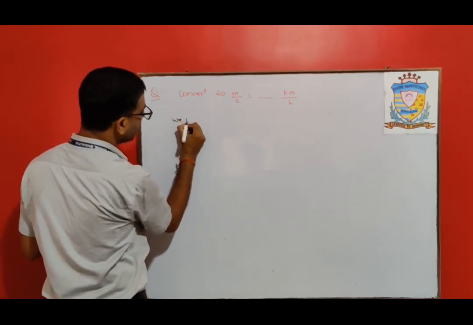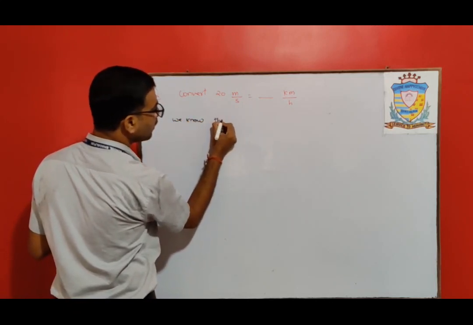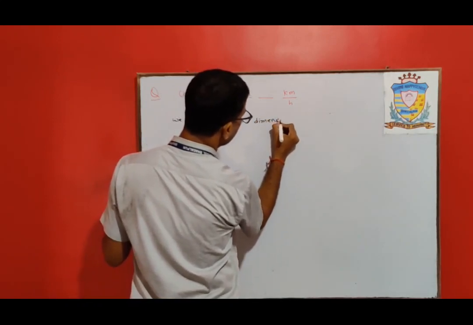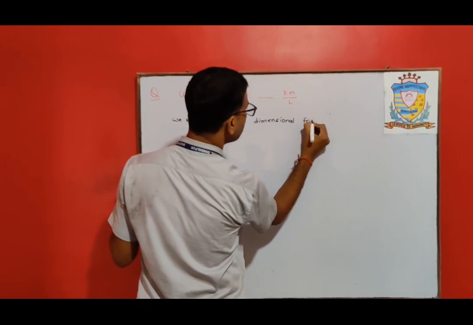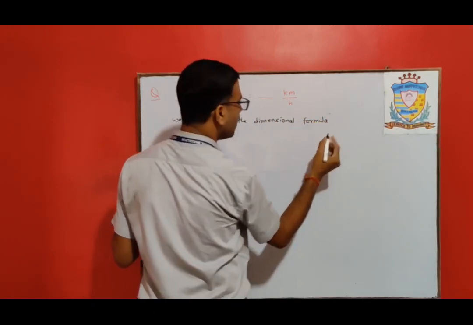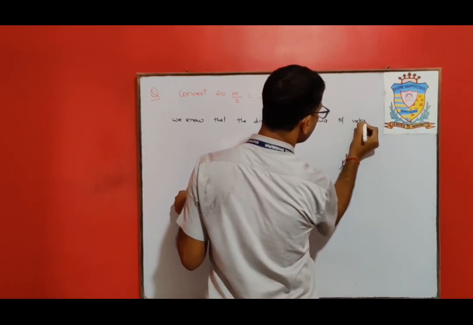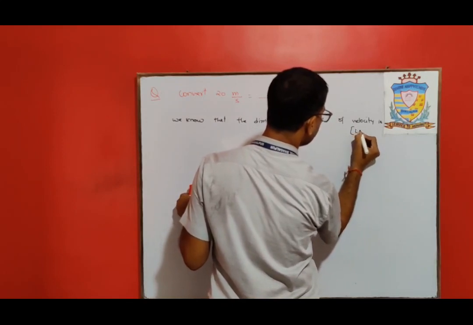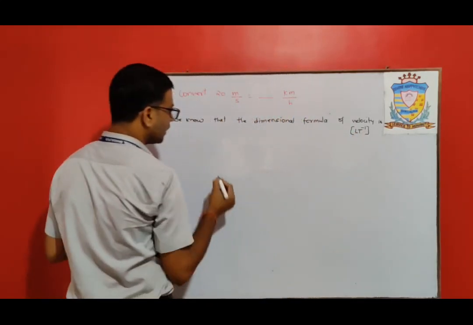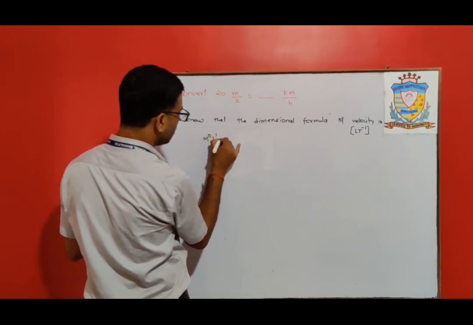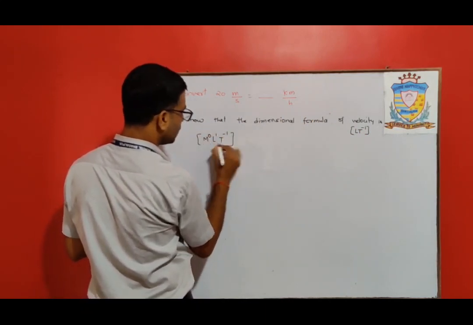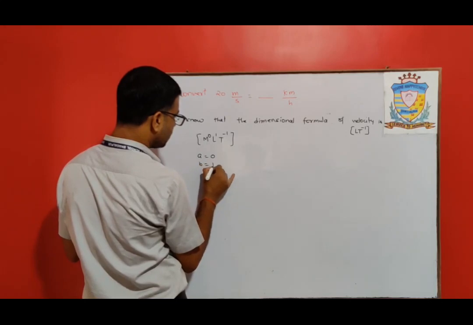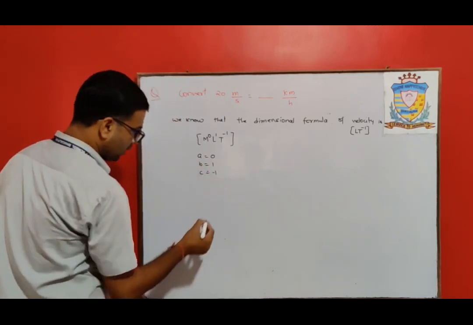So we know that the dimensional formula of velocity is L T minus 1, or you can say M0 L1 T minus 1. So again, the value of a is 0, the value of b is 1, and the value of c is minus 1.